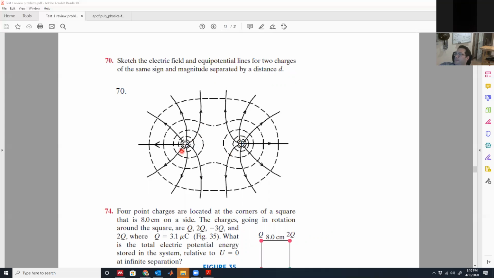And if you look at this, these are two charges of the same sign. And when they repel each other, the lines don't end up touching each other, right? Because for the rules for the electric field lines, it begins on a positive charge and ends on a negative charge.